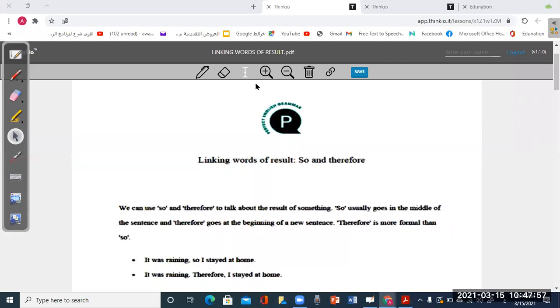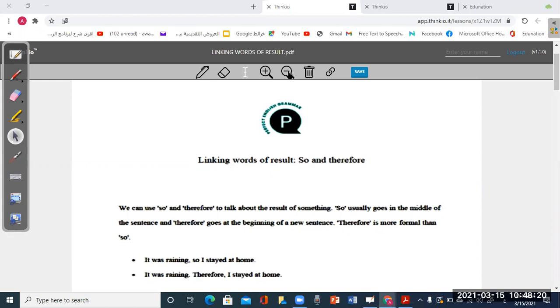Now, what's the lesson going to be about? Look at the screen. Linking words. Linking words of reason. Yes.